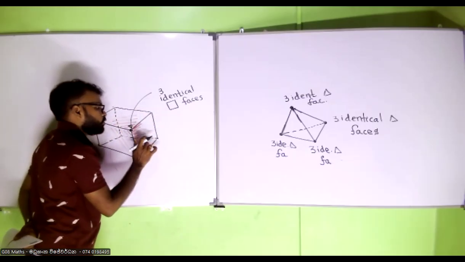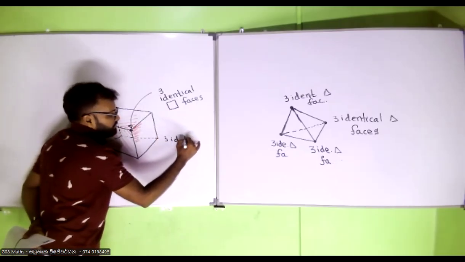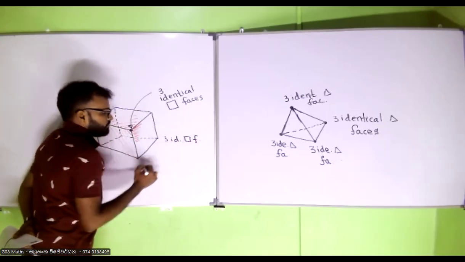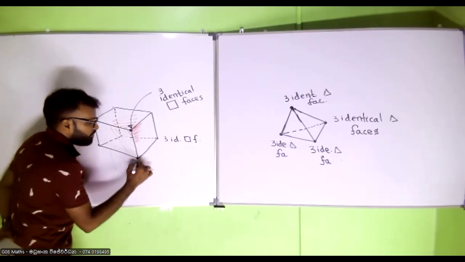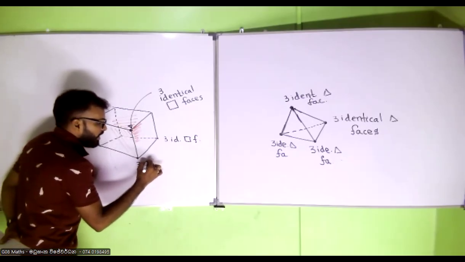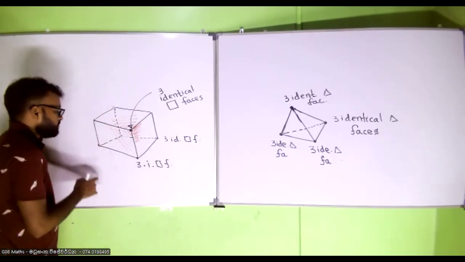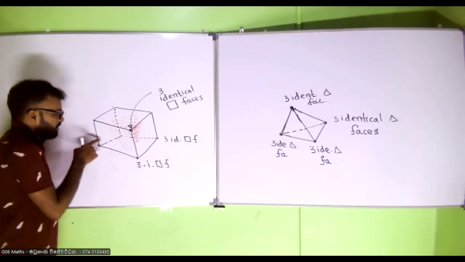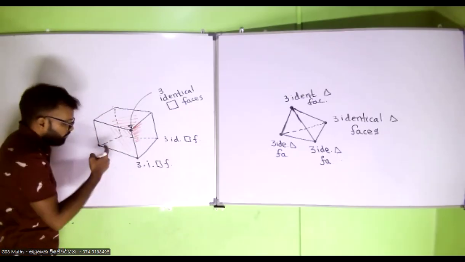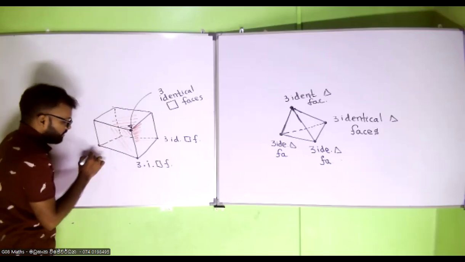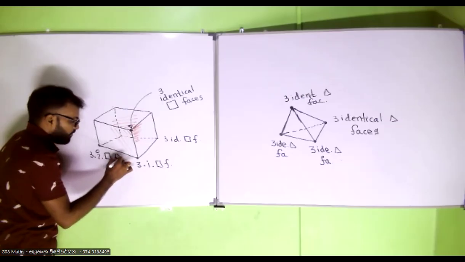So altogether, 1, 2, 3 identical square faces. And for this one, 1, 2, below 1, 3. 3 identical square faces. This one is 1, and the back one, 2. Below one, 3. 3 identical square faces.